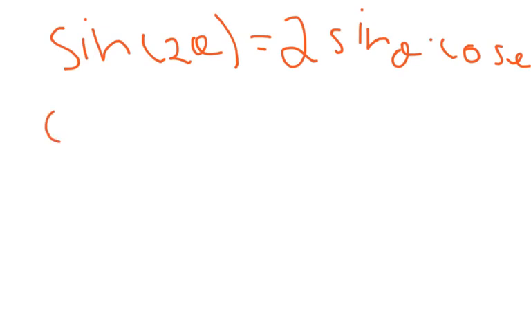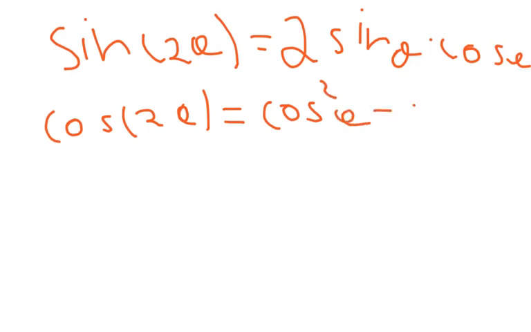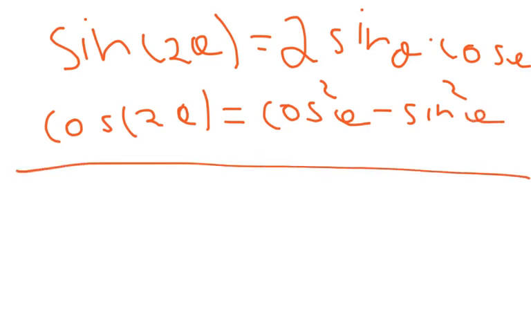Likewise, if you want to express cosine of 2 theta, it is simply cosine squared of theta minus sine squared of theta. So these are the very basics. Now we are going to try to apply some of this to problems of integration.